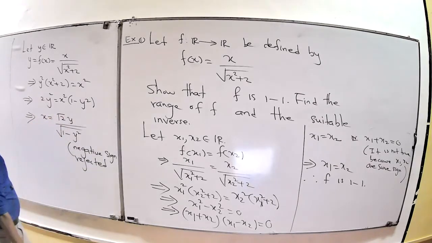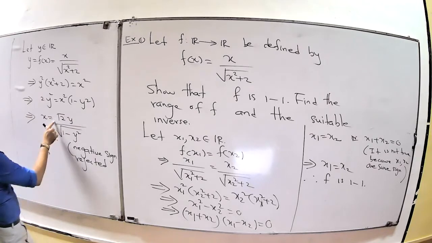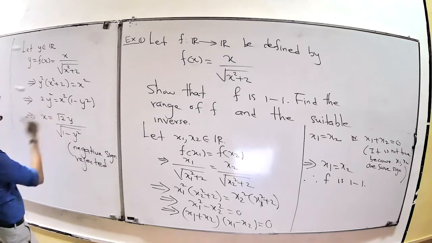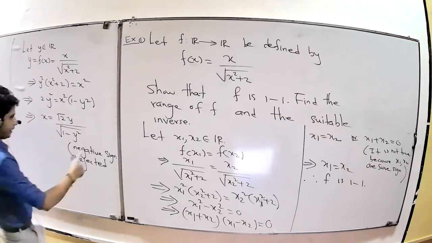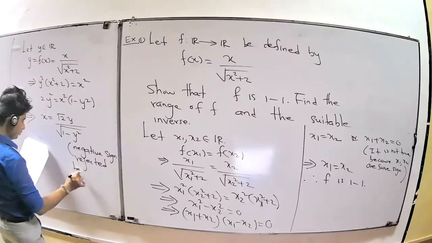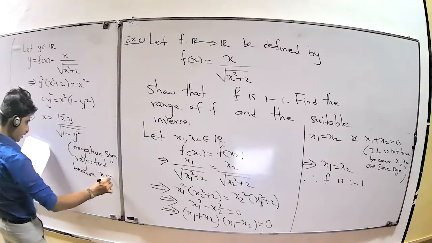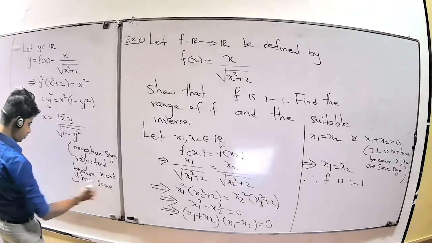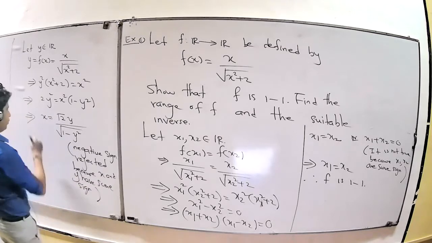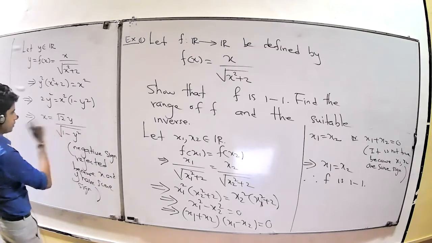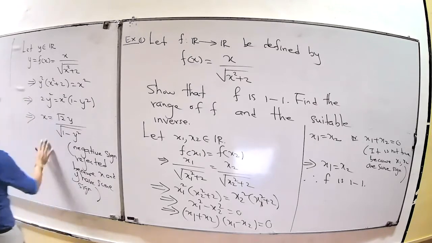The minus term is rejected, because x equal to minus y is not possible. Here plus sign means plus sign on both sides, minus sign means minus sign on both sides. The negative sign is rejected because x and y have the same sign.